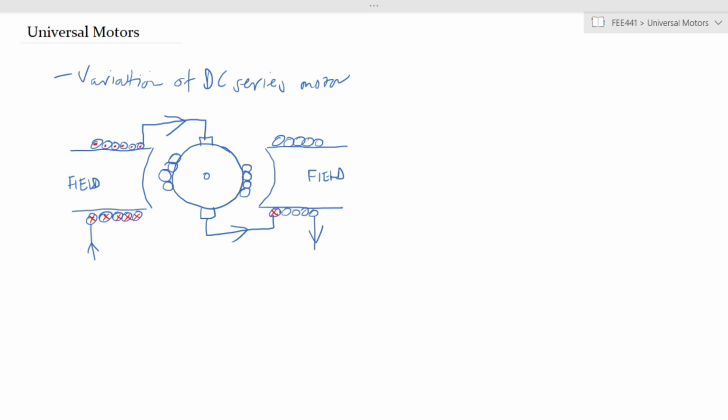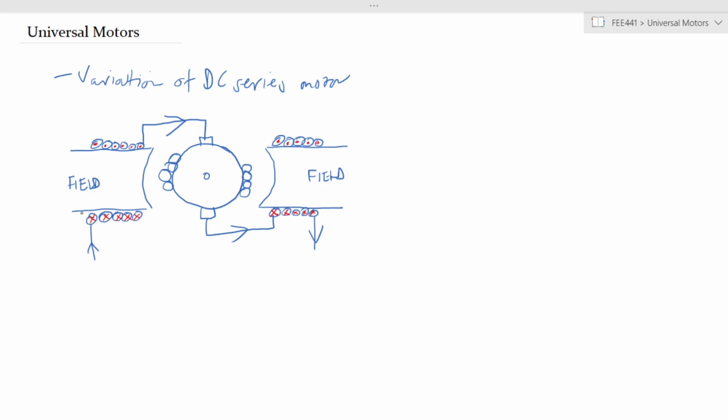Likewise, on the other side, we have the current appearing to flow into the windings and out of the windings at the top. So you would be able to note that because there's a current flowing through the field windings, they will have a magnetic field set up within them. And this is dictated by the action within.